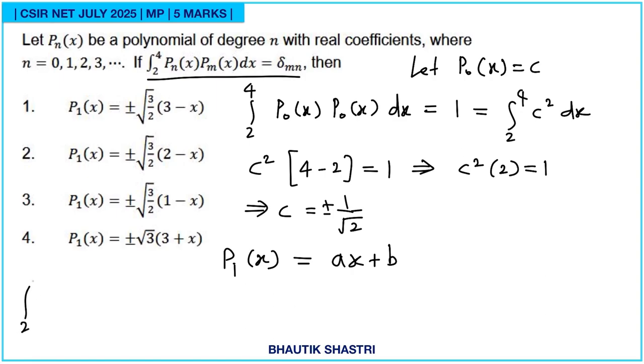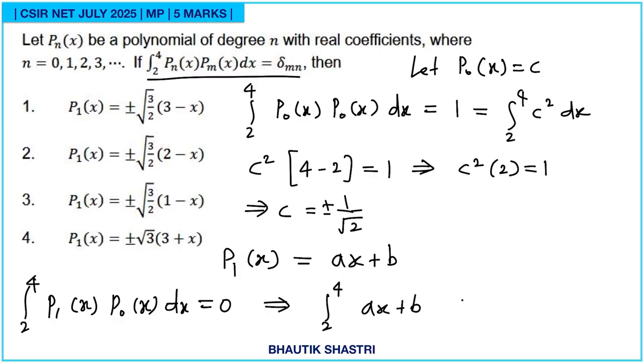Let's consider the integral from 2 to 4 of P1(x) P0(x) dx, and that will be equal to 0. That is the integral from 2 to 4 of (ax plus b) times c dx is equal to 0.